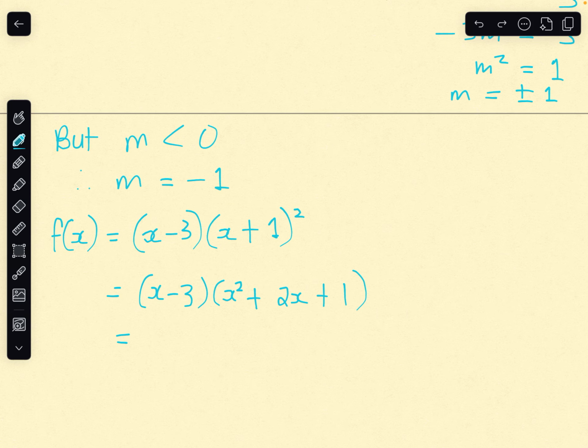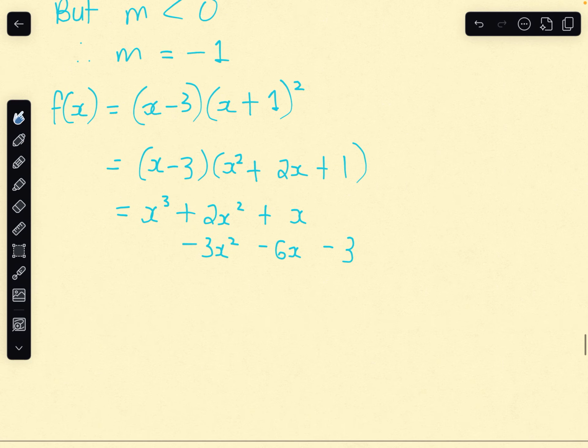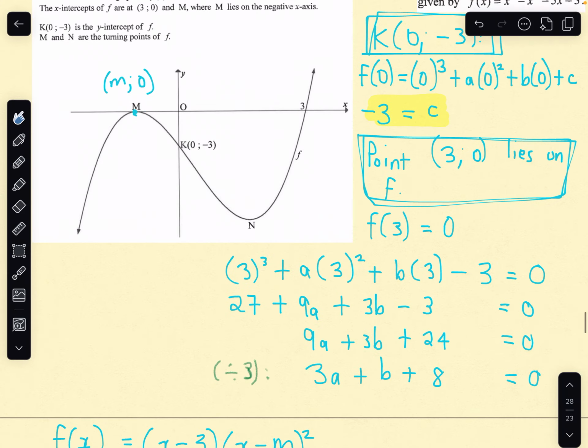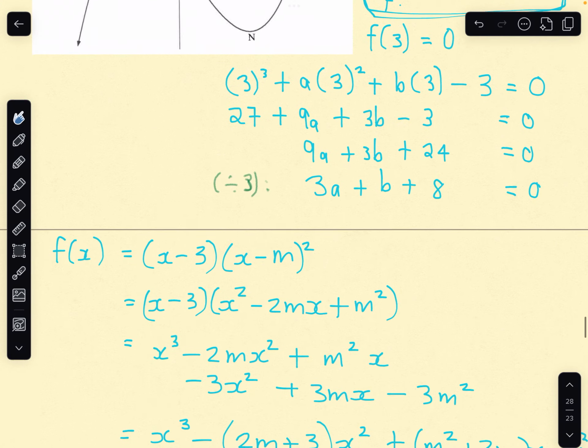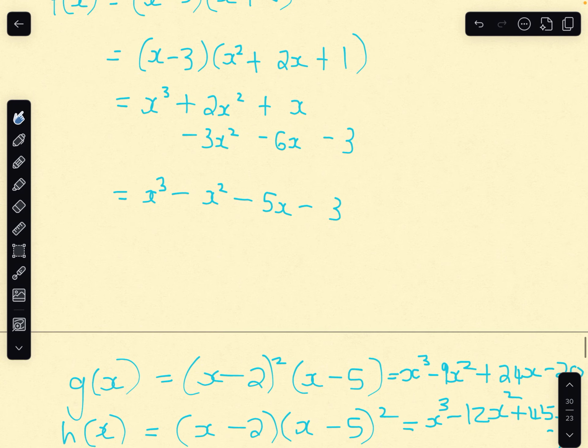So that will be x cubed plus 2x squared plus x and then minus 3x squared minus 6x minus 3. And so that becomes x cubed minus x squared minus 5x minus 3, which is indeed what we were given. x cubed minus x squared minus 5x minus 3.